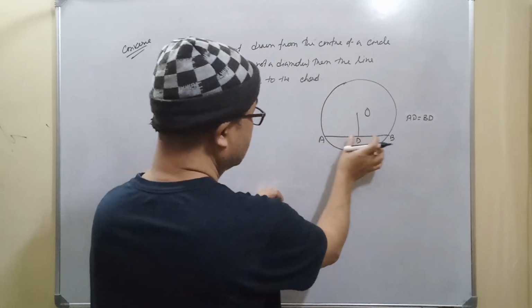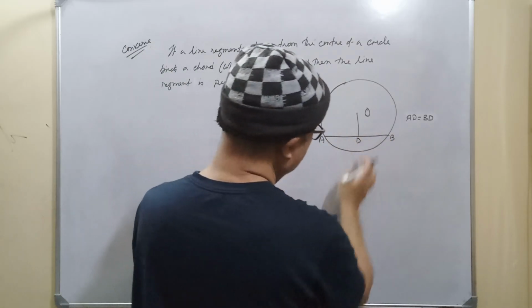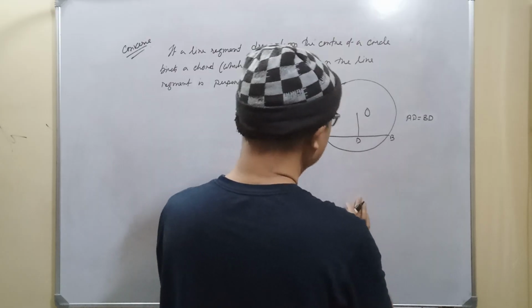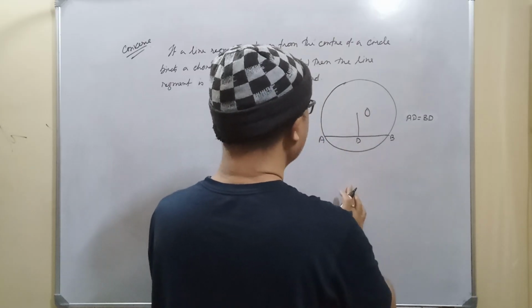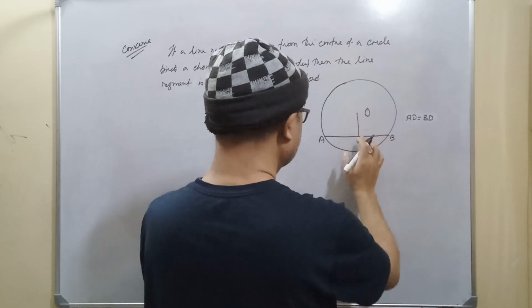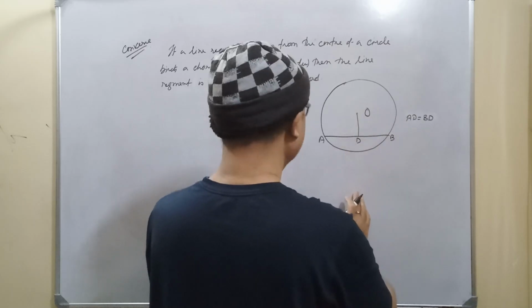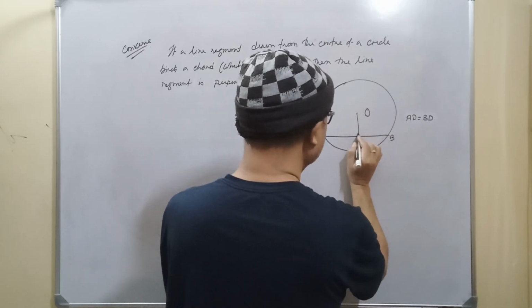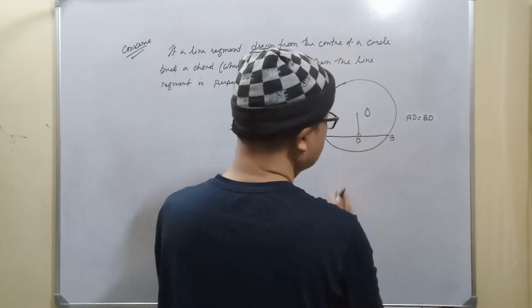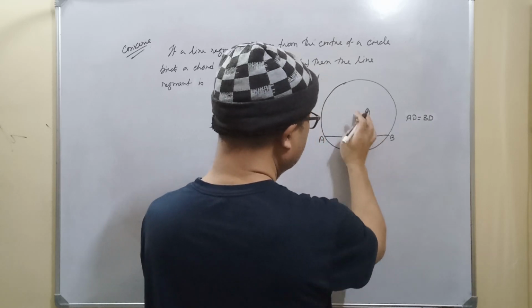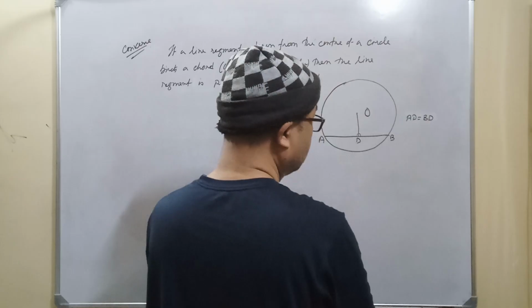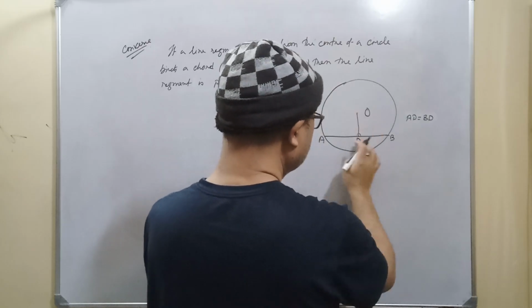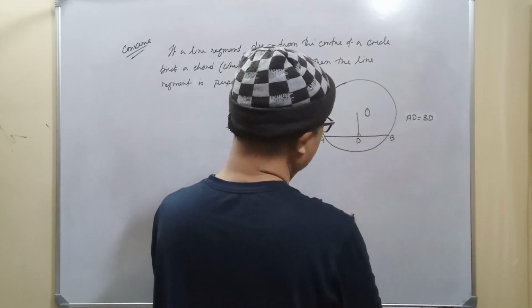Okay, this one is equal to this one, so it bisects the chord. This line is drawn from the center of the circle. Then we have to prove that this angle and this angle both are 90 degrees, because only then it will be perpendicular, right? So to prove OD is perpendicular on AB.